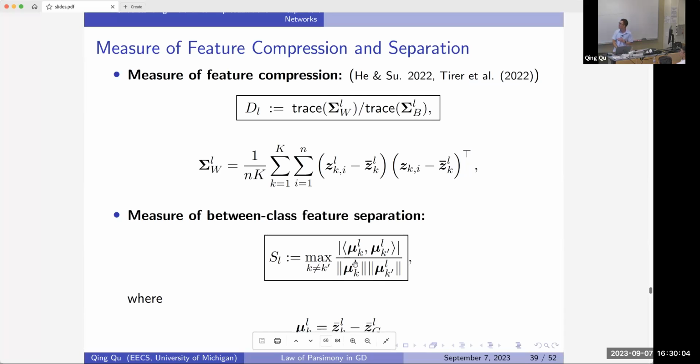And you measure, sorry, here should be 1 minus this thing, so here should be 1 minus the maximum. It is basically measuring how separated the class means are from each other. With the 1 minus here, you can imagine that when S_l is larger, the features are more separated. And when D_l is smaller, the features are more compressed.